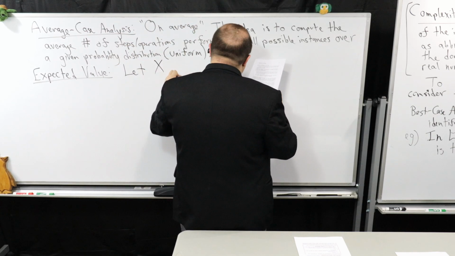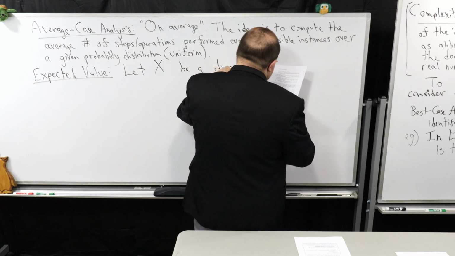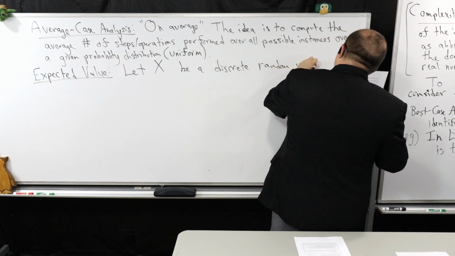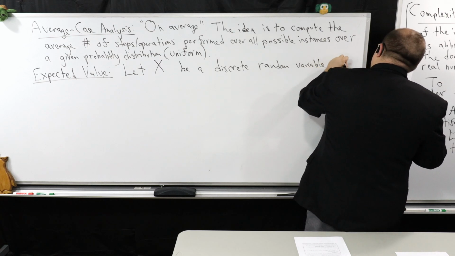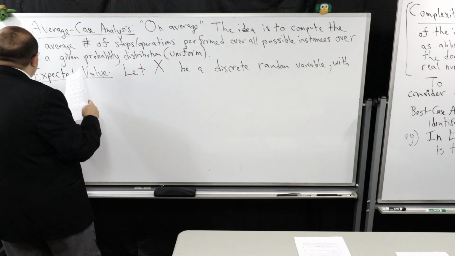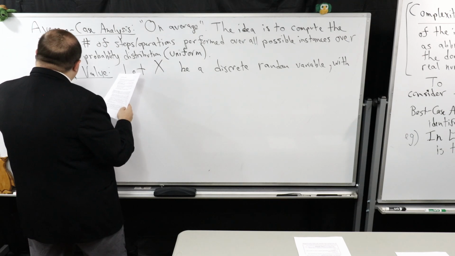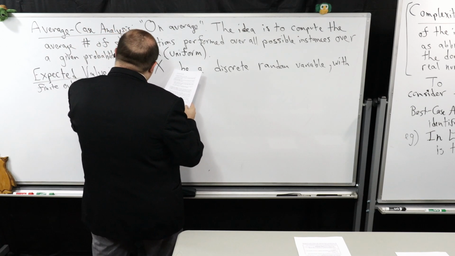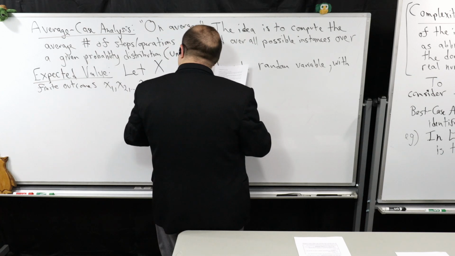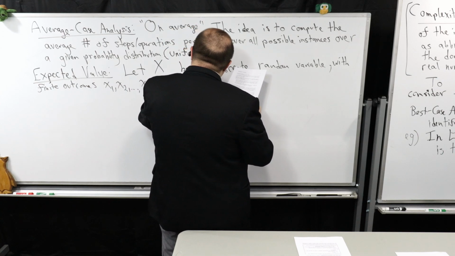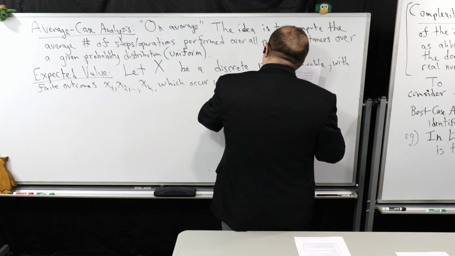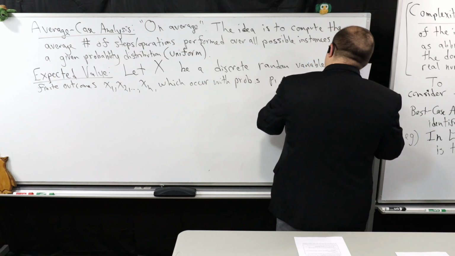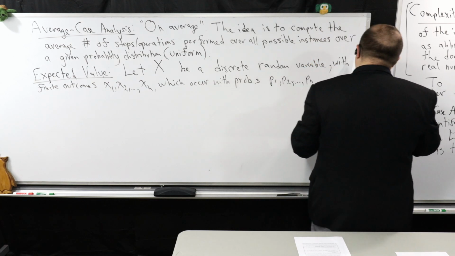Let X be a discrete random variable with finite outcomes x1, x2, all the way up to xn, which occur with probabilities p1, p2, through pn.